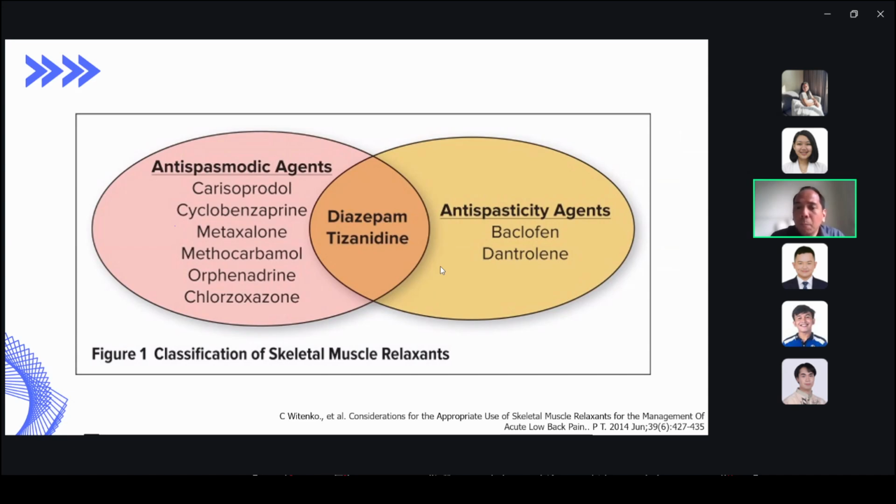Okay? We have also tizanidine in our market, and we have baclofen as antispastic agent na available sa Philippines. So other medicines, wala siyang oral tablet form, only vial form or IV lang.